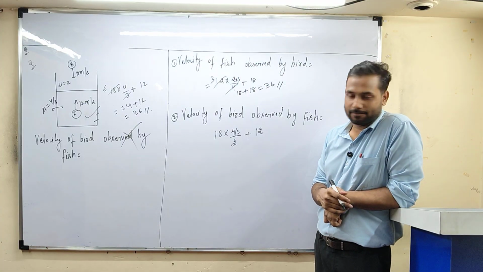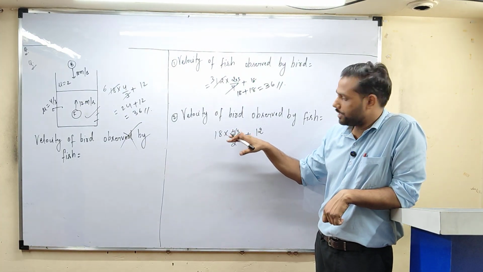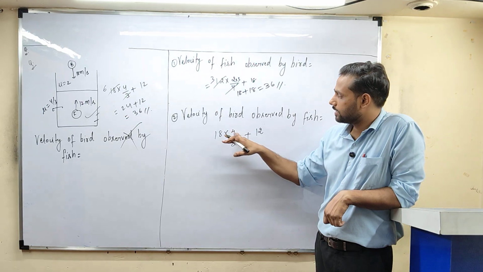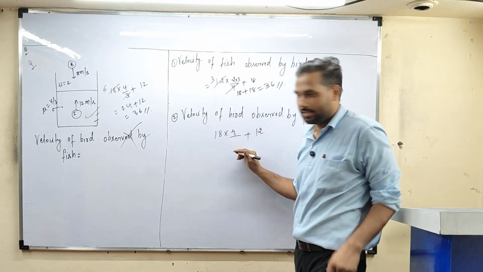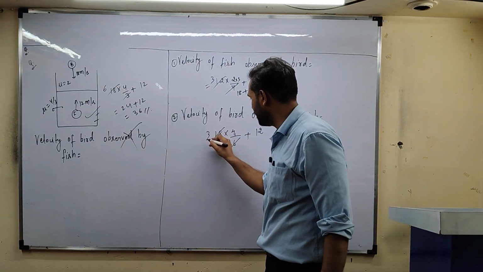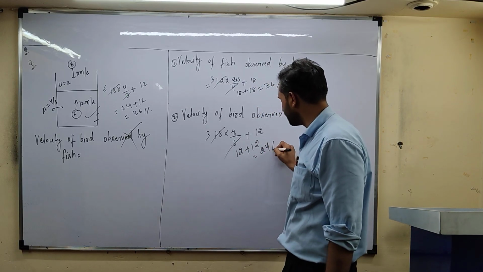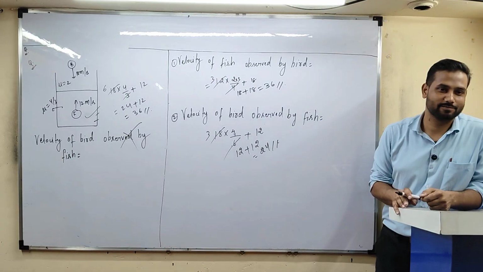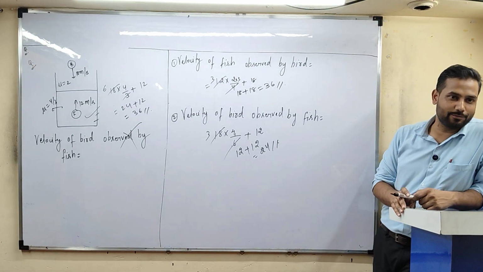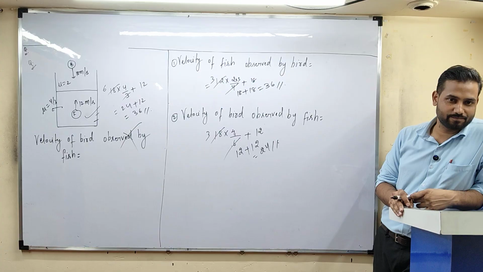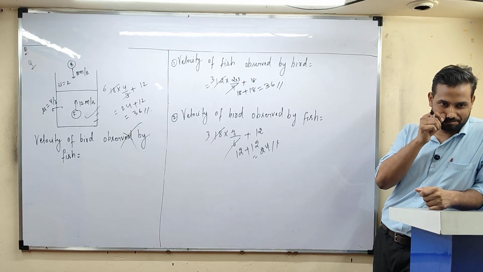It's very simple, man. Put this one here and you will get what? 2 3s are 6 into 3, 12 plus 12 equals 24. Yes or no?